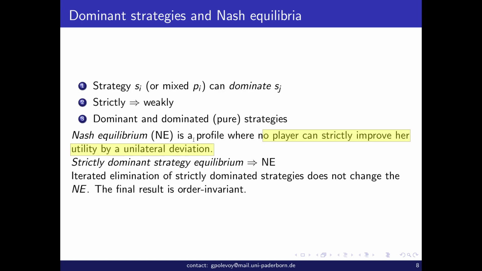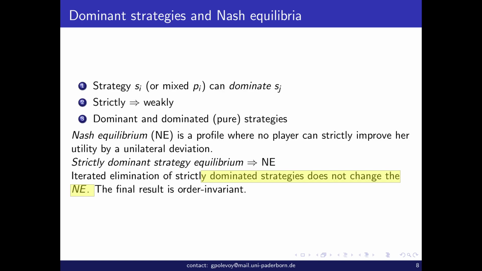On the other hand, iteratively eliminating strictly dominant strategies never results in a change in the set of Nash equilibria. And moreover, the resulting set of this iterative elimination does not depend on the order, unlike in the iterative elimination of weakly dominant strategies, which can depend on the order in which we eliminate those strategies.